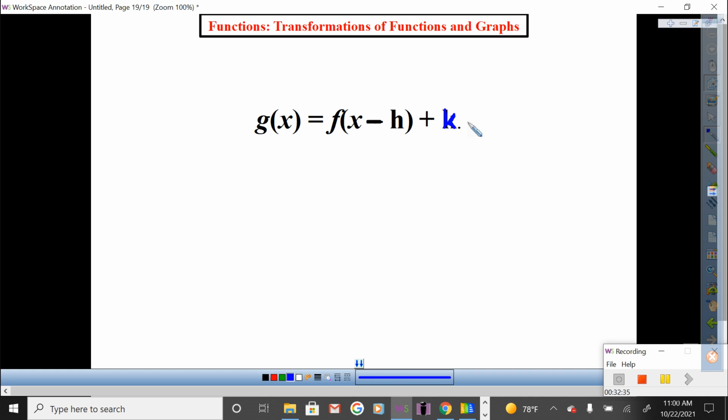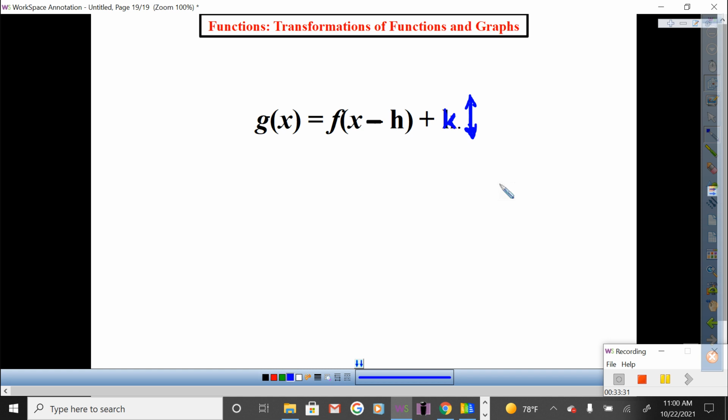All right, once again, tell your neighbor where's parameter k going to move the original function? Where is it going to move it to? All right, let's try this again. K is going to move it what? Up or down. So next to k, I want you to put an up or down arrow. That is correct. K moves our function up or down.